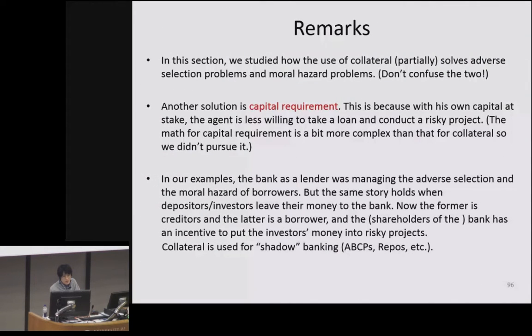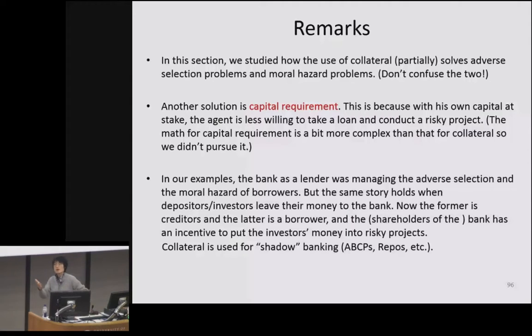Let me make two comments on that example. The first comment is about capital requirement, equity requirement. In that example, collateral is used to mitigate potential moral hazard problem in banking. Another typical solution to mitigate moral hazard problems in banking is equity requirement, or capital requirement. So someone wants to borrow £100 to fund their project.